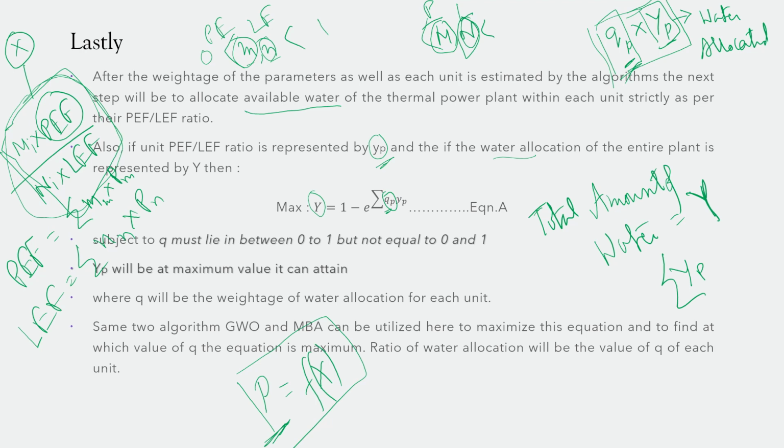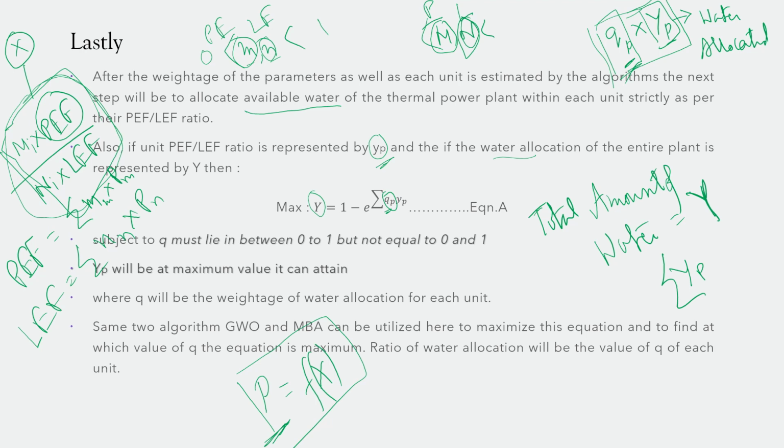My aim is that the unit which is the most important in enhancing the profit of the power plant, I will supply the maximum amount of water to that unit, followed by the other units as per their importance in enhancing the profit of the power plant.